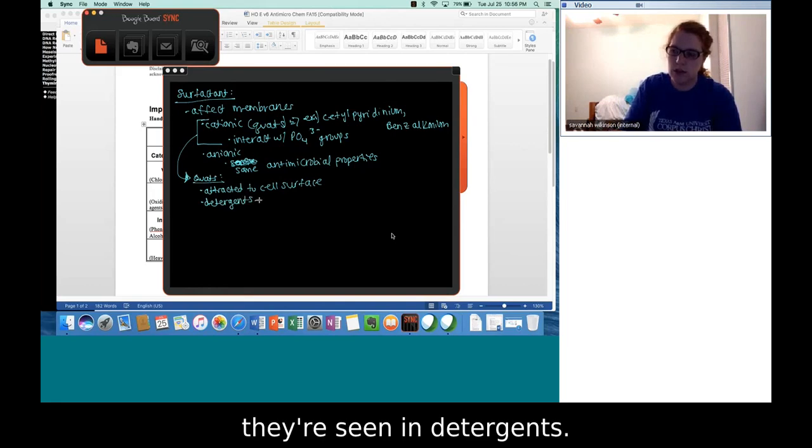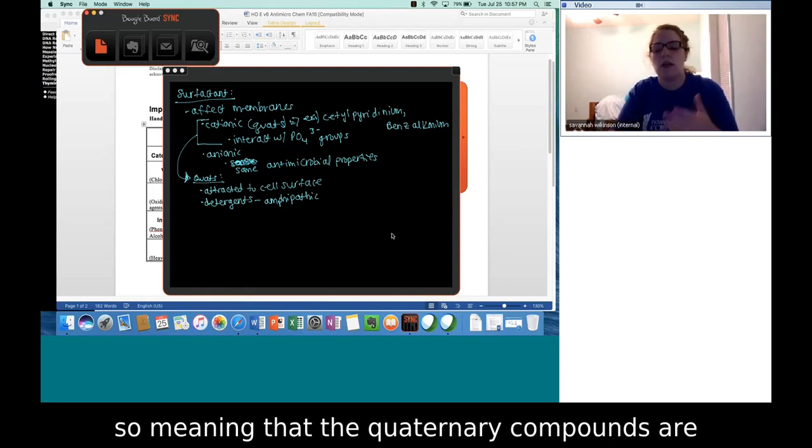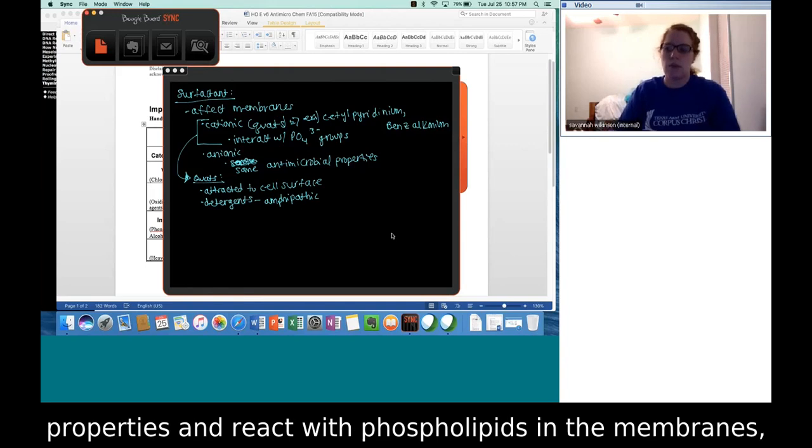They're seen in detergents. Amphipathic: amphi means both, so the quaternary compounds have hydrophilic and hydrophobic properties.